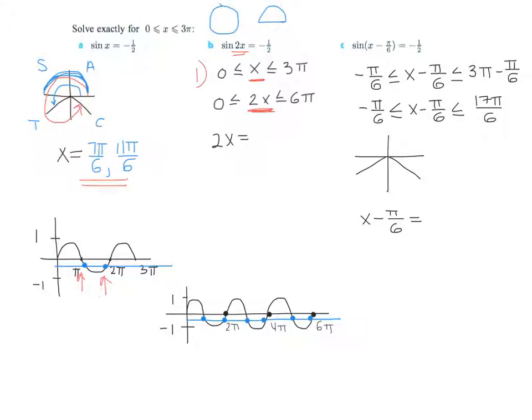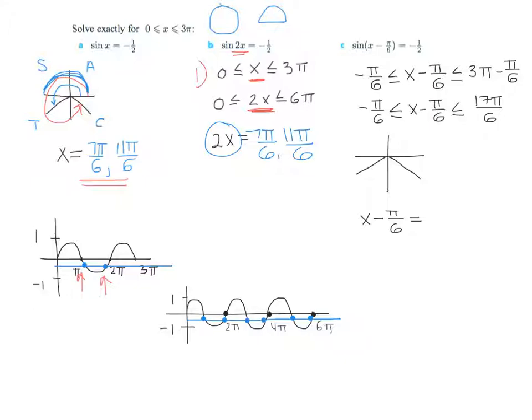So sine of an angle is negative half on, again, the third and fourth quadrant. So we know from the previous question, the angles must be 7 pi over 6 and 11 pi over 6. That's if we go around the circle once.